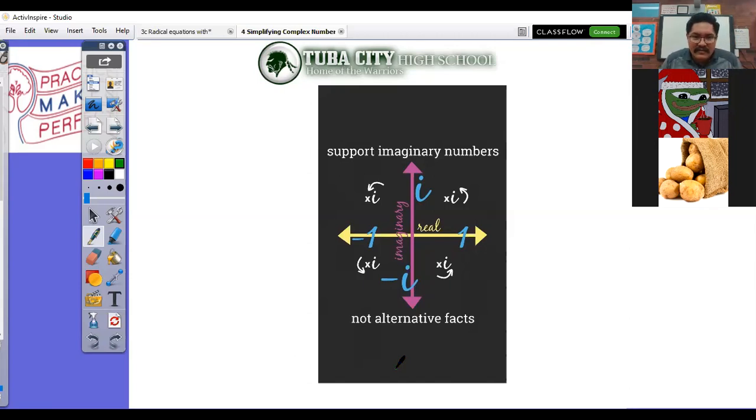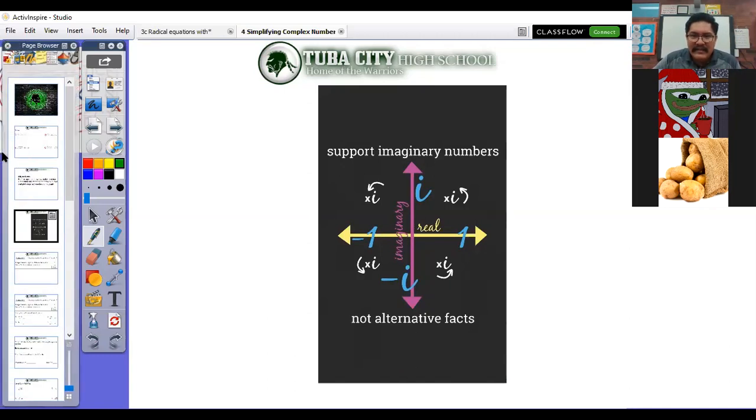And then you will also have an imaginary side. In a regular graph, we would call this the y-axis. So the y-axis would be the up and down, and all you have to do is replace numbers with that. So let's keep this graph in mind as we move along.